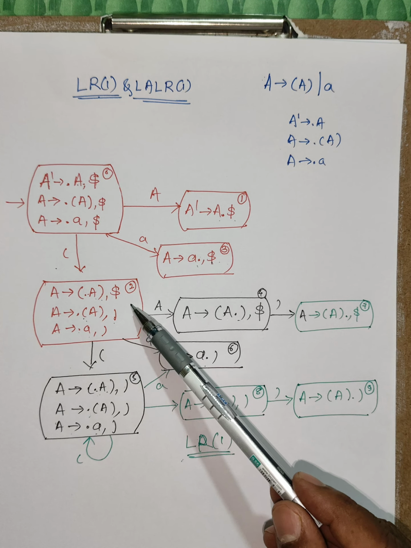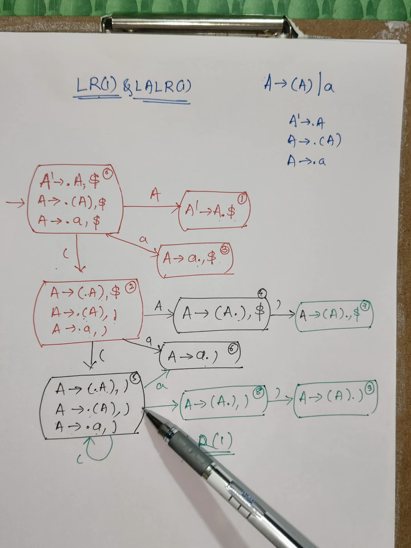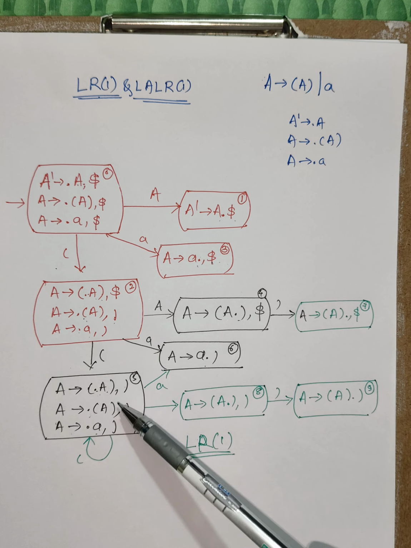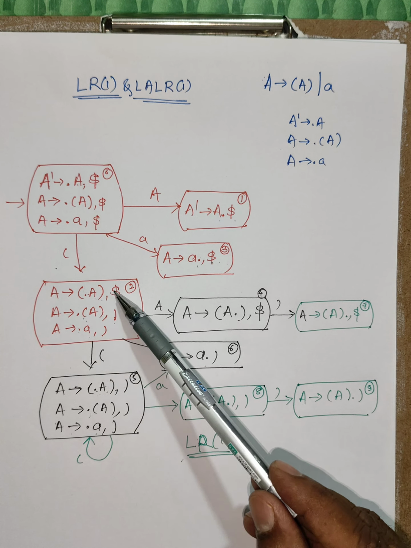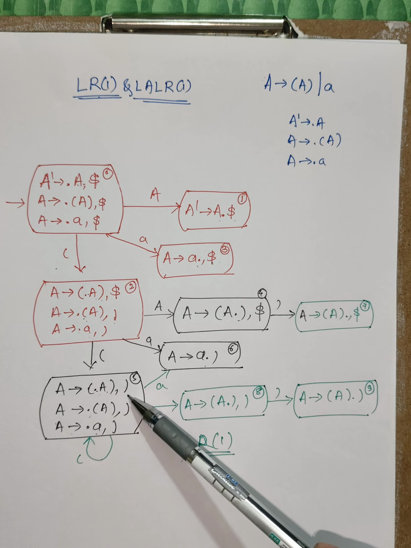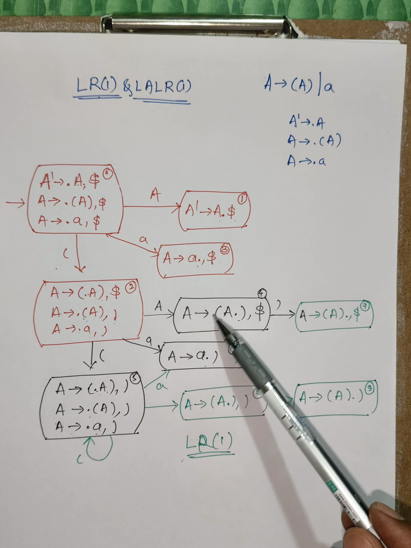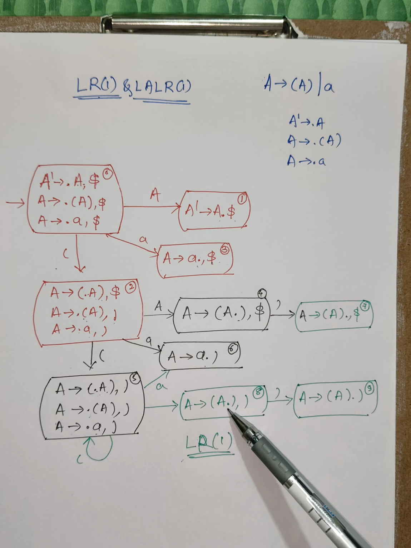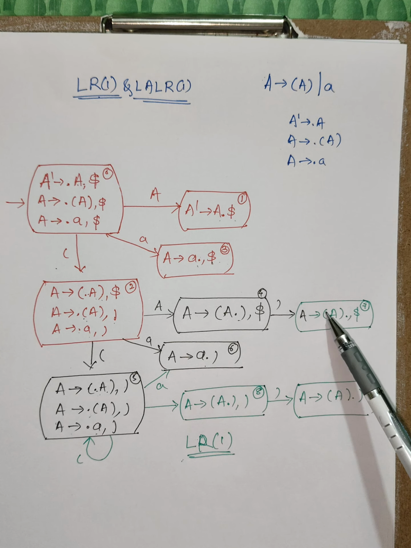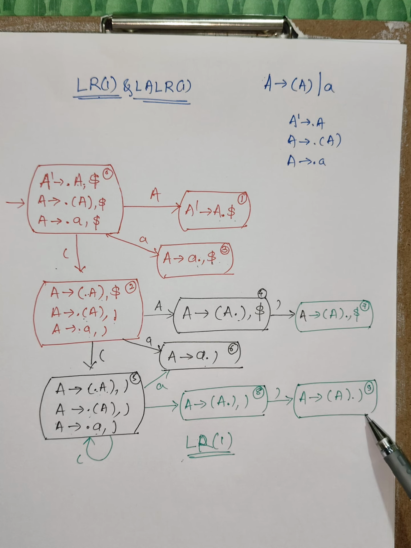Next, state 2 and 5. These 2 transactions same, only within first carry locate is different, and within this 4 and 8 carry locate is same, different, production is same. 7 and 8 production is same, carry locate is different.